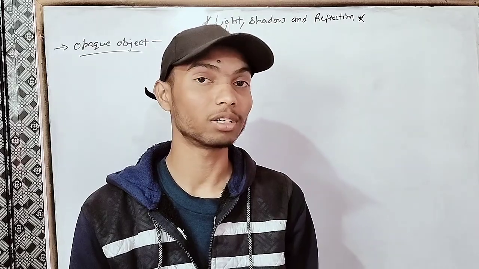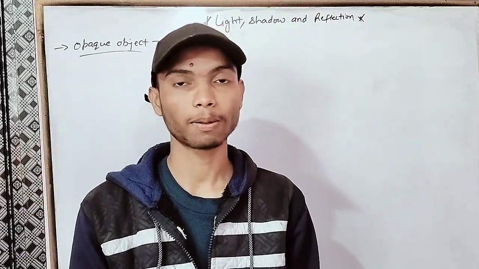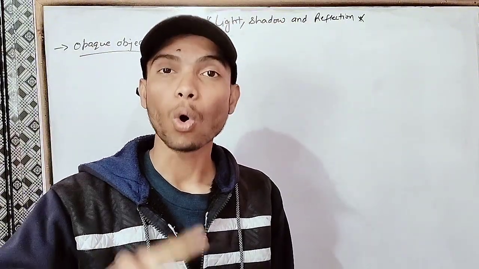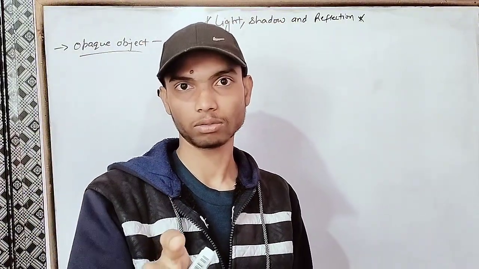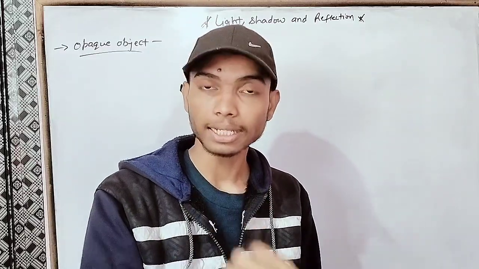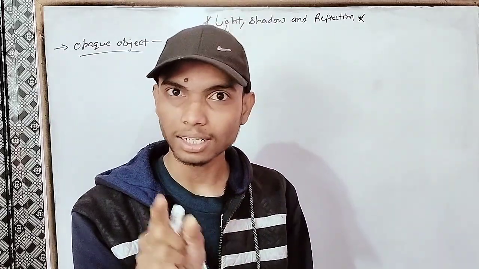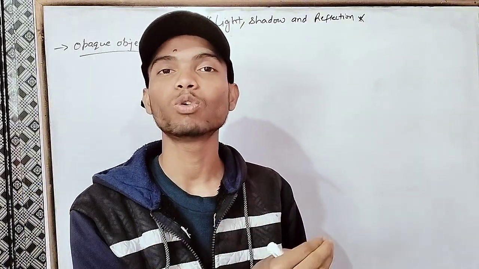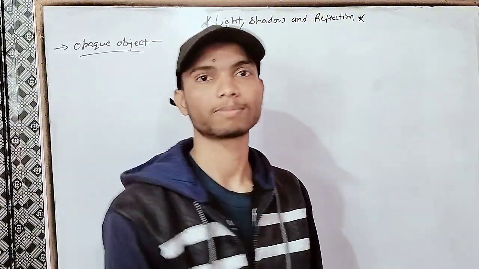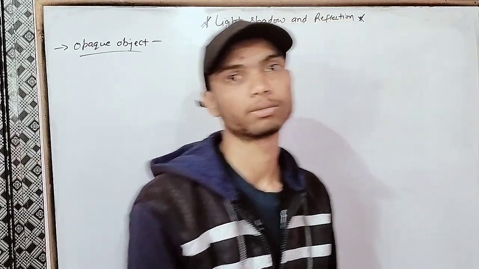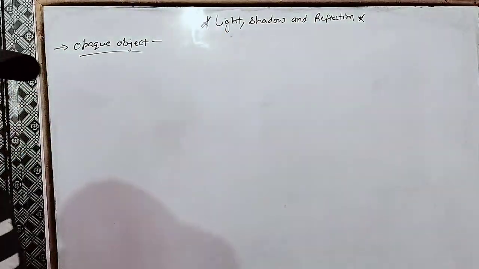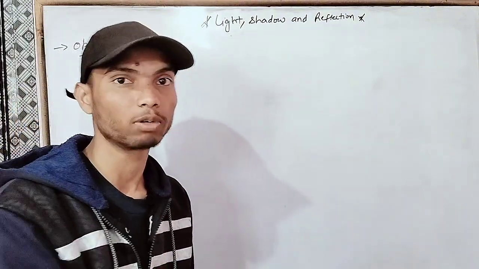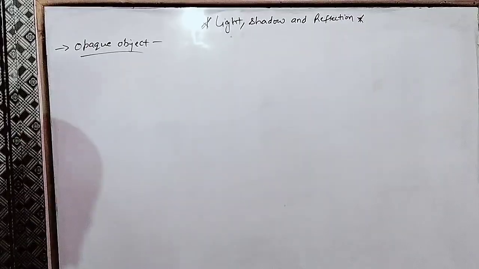Who says? This word says. Clear? So this type of object will block all the coming light, and then this blocked light will allow a shadow to form for the object. Who will allow? Light will allow. And it is happening because the light is being blocked by the object.